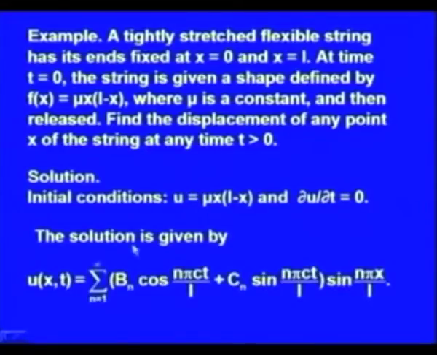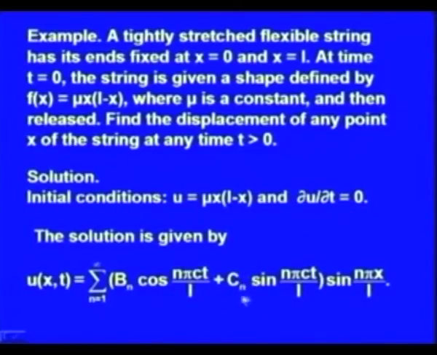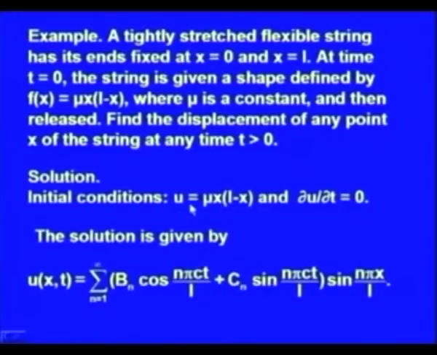The solution is then given by u(x,t) equal to sigma n equal to 1 to infinity of v n cos n pi c t over L plus c n sin n pi c t over L into sin n pi x over L. Now, here we are given the function g(x) as 0. So, that will give us c n equal to 0 for all values of n, and we are given the function f(x) as mu x into L minus x. So, we will determine the value of v n using the function f(x) as mu x into L minus x.